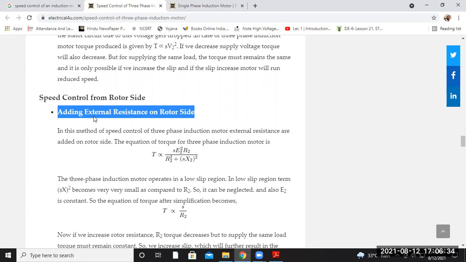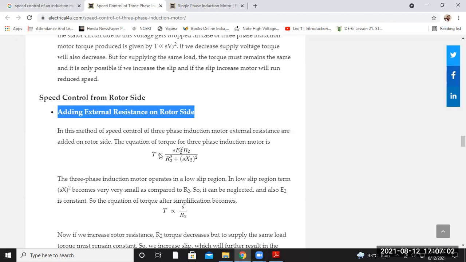But as the speed gains, as time passes, we disconnect the resistances one by one, just like the 4-point starter or 3-point starter in the DC machine. If we decrease the resistance from time to time, that means we cut out the resistance one by one within seconds, and we are increasing the rotation of the rotor.